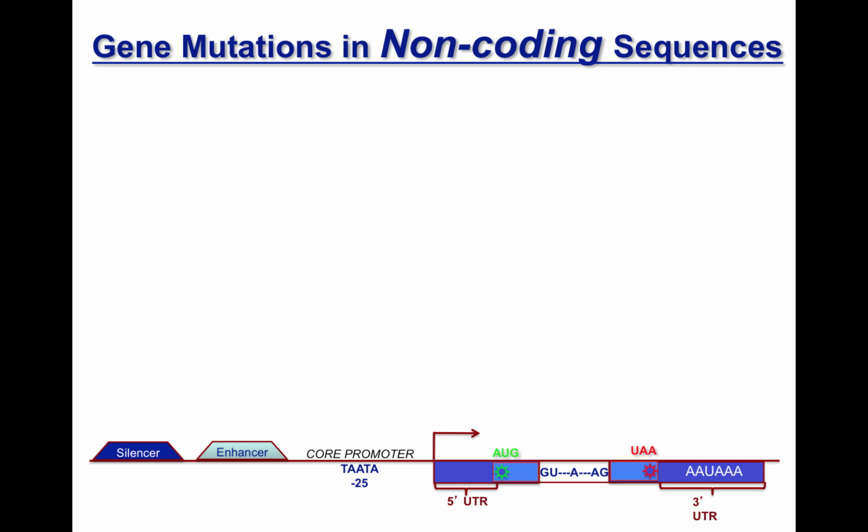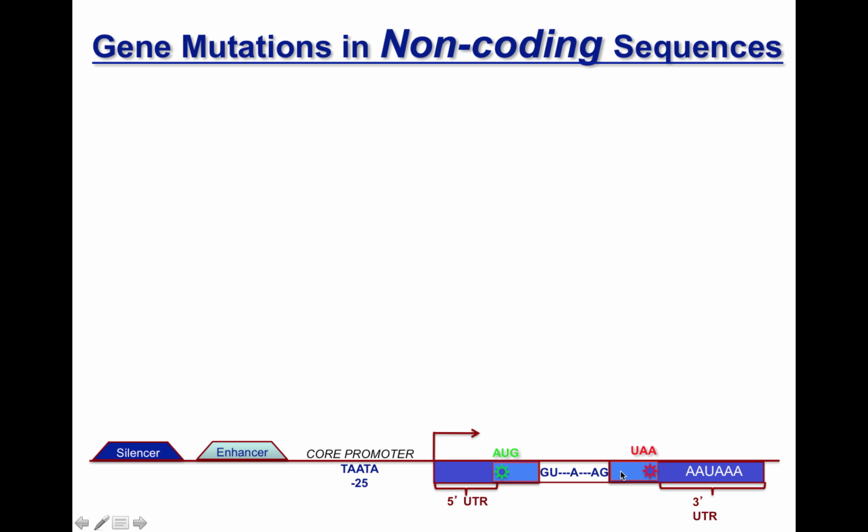Could also have mutations in non-coding sequence. So here's a diagram of our eukaryotic gene, a nice little diagram for you to copy and memorize and be able to reproduce. Here's our start site of transcription. Here's an exon, here's an intron, here's another exon. Okay, here's our coding sequence.